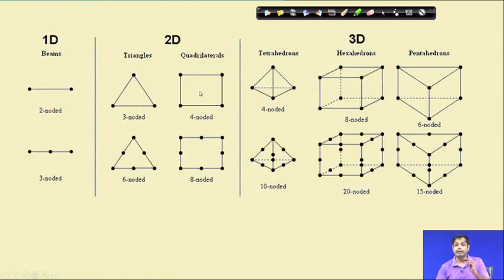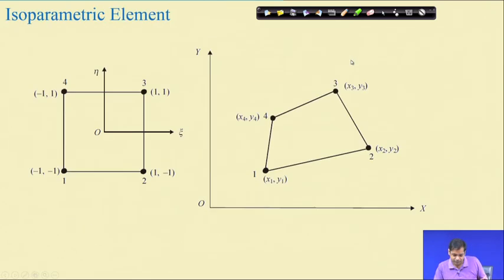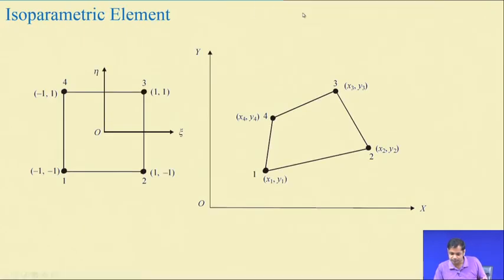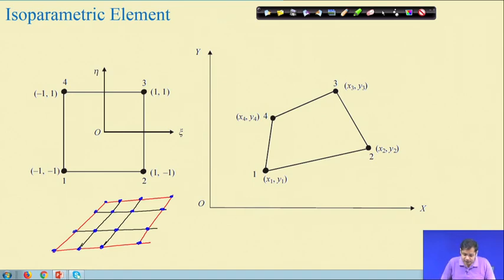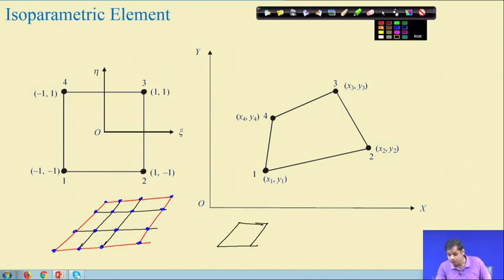So, it is a perfect rectangle, at least that was what we assumed while deriving these functions, but it may not be possible every time, right? So, what we have to do is, suppose in this case your elements are like this, then if you draw one element, your element will be like this, which has 4 nodes.